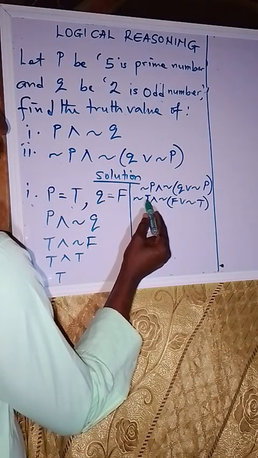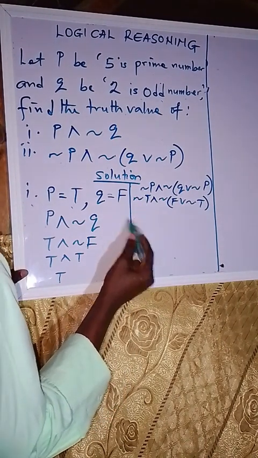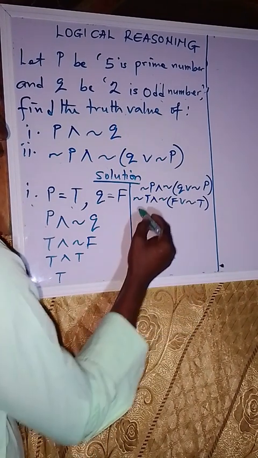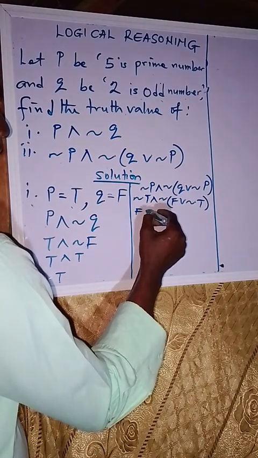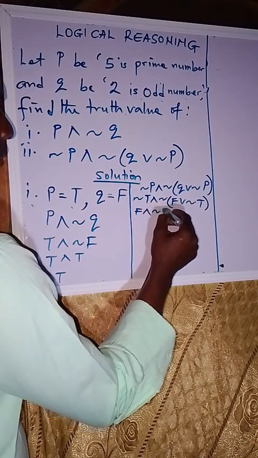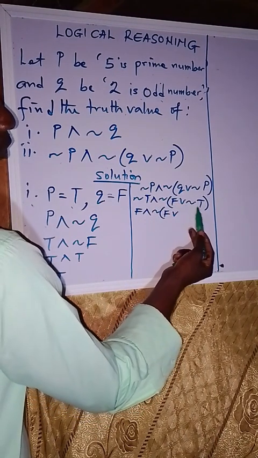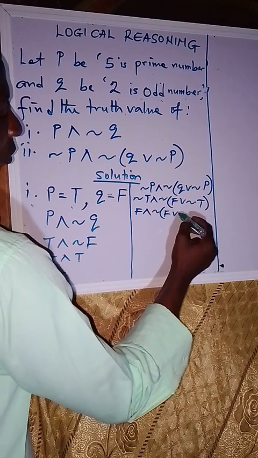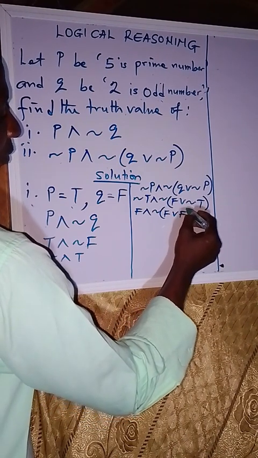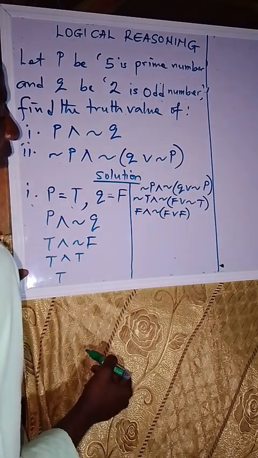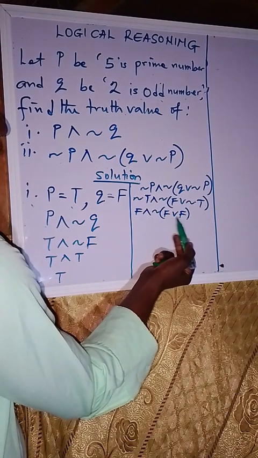What's negation of true? Opposite of true. That's false. So we have false and negation of false, or negation of true, which is false. So we have false here. So we settle the one inside the bracket now.